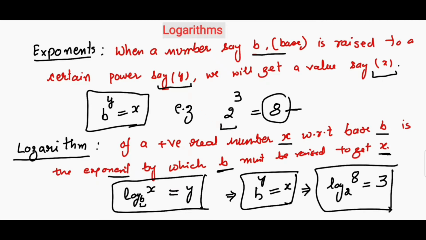Here, b is known as the base. What is x? x is my argument. And what is y? y is my exponent or power, we can say.